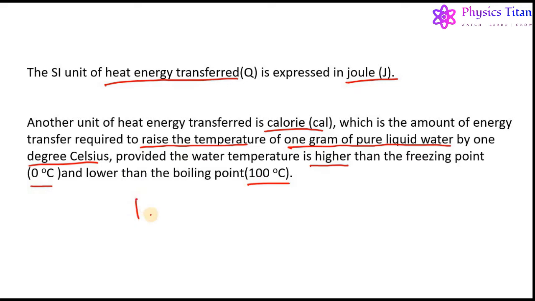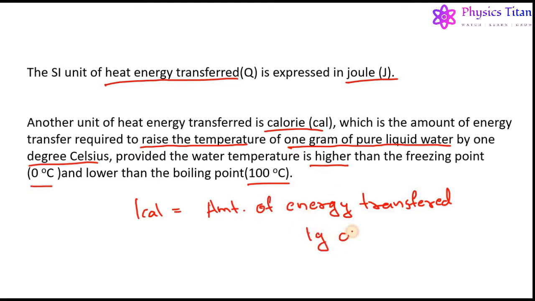That is, 1 calorie is equal to the amount of energy transferred to raise the temperature of 1 gram of pure water by 1 degree Celsius. So these were some basic things regarding temperature and heat.